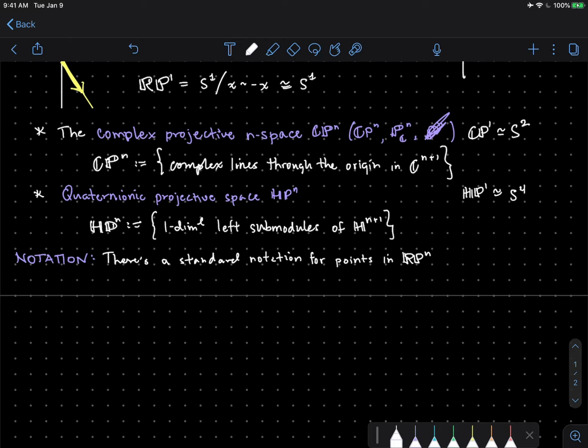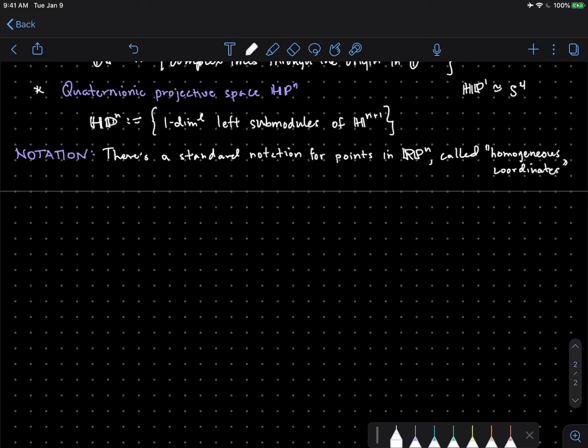And these are called homogeneous coordinates. And what they say is, a point in R to the n plus 1 lies on a unique line through the origin.